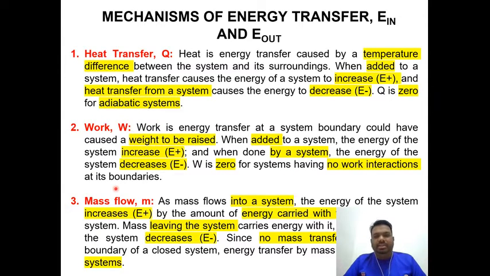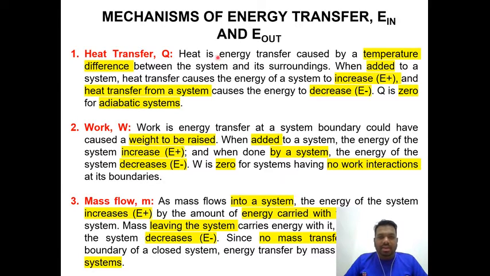Okay, so you can read here. I'm not going to read, I'm just going to say the important stuff from this slide. For heat transfer we always call it Q. Q is actually caused by the temperature difference. So if work is done and depends on the temperature difference, we automatically call it heat transfer.